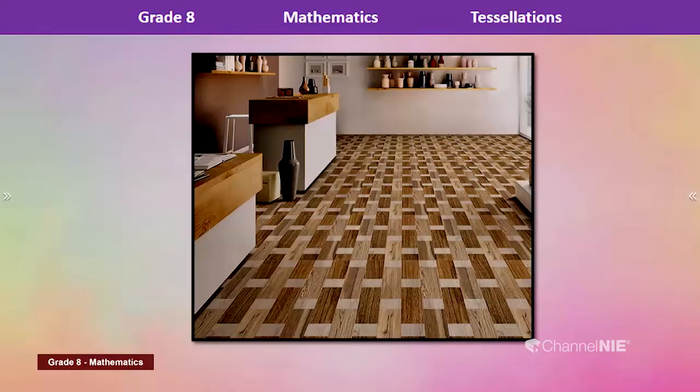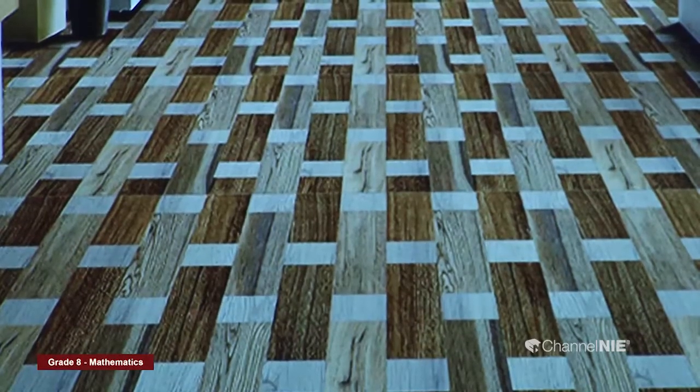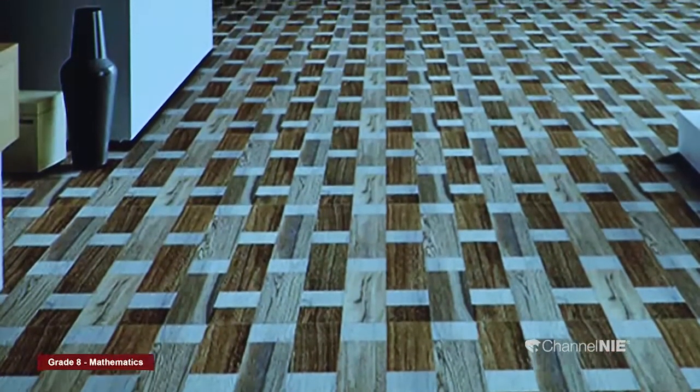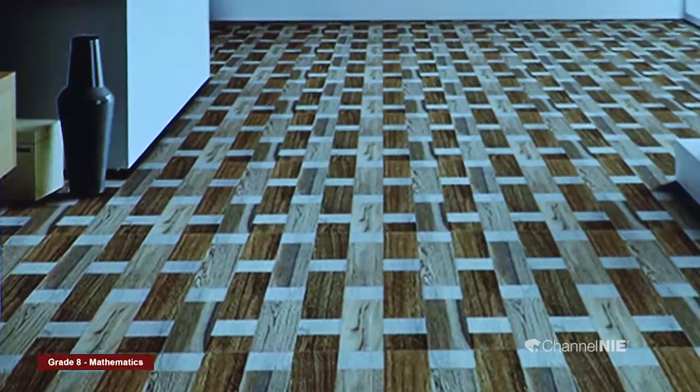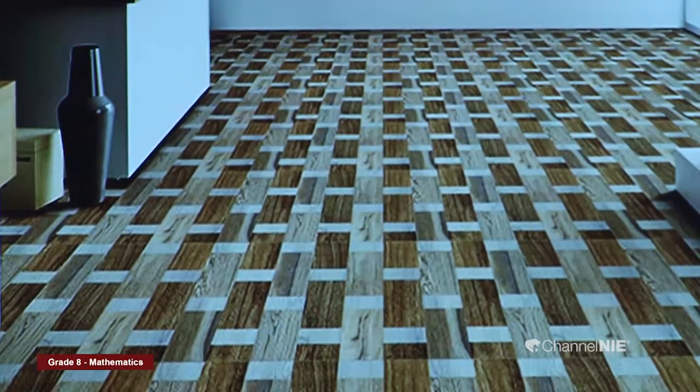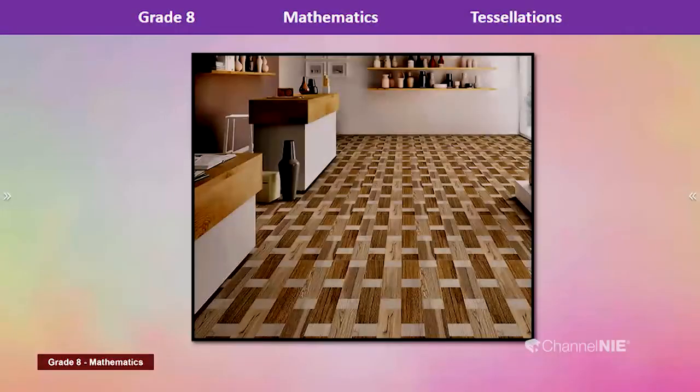Isn't that so? Now, here I want you to have a look at the floor tile of the kitchen. What can you see there? I can see some squares and rectangles, and the squares and the rectangles are nicely placed as a pattern. Isn't that so? So, once again we can see a beautiful tessellation there.